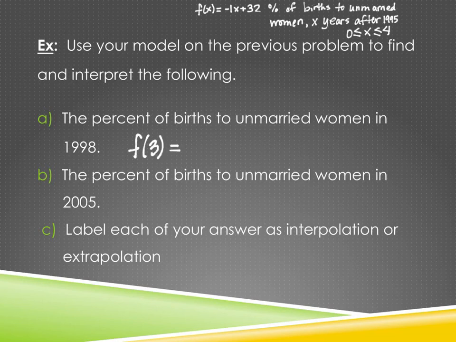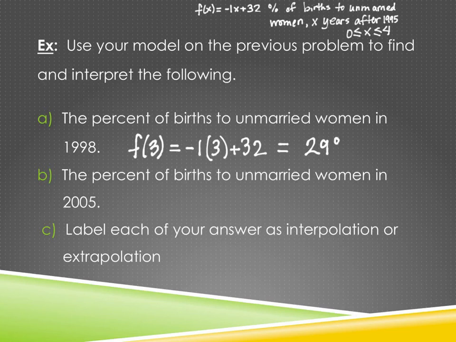If you want to actually write it out, you can. If you just want to find the output using your value in your calculator or your functions of your calculator, that would be fine. But I have negative 1 times 3 plus 32, and what would that give me? 29. 29 what?